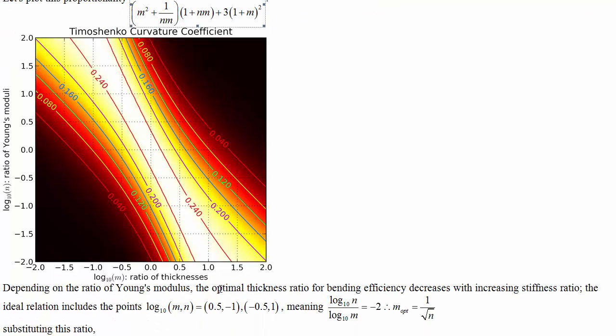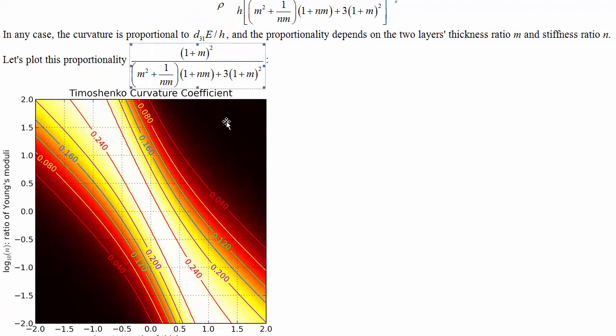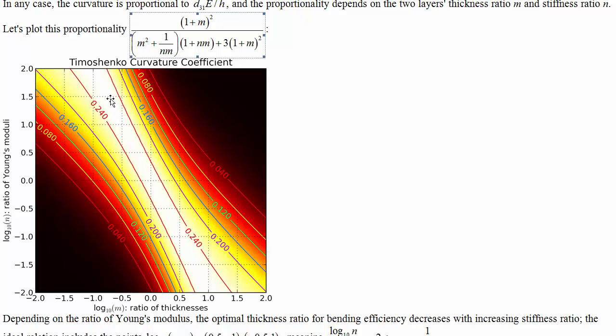So if the top layer is much stiffer than the bottom layer, for instance, meaning that we've got a large n, so we're somewhere up here, then you want the bottom layer to be thicker than the top layer to give you the most curvature. So the optimum kind of actuators would have an appropriate ratio between the stiffnesses and the thickness.